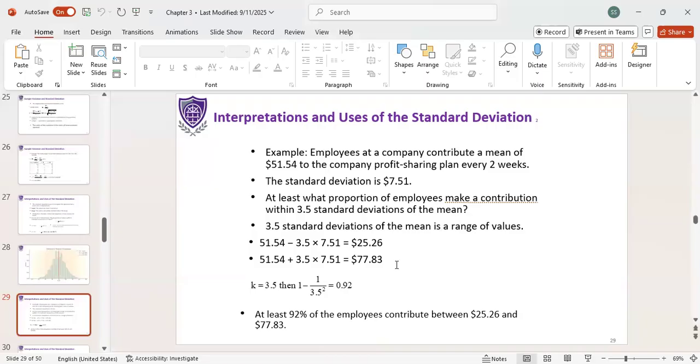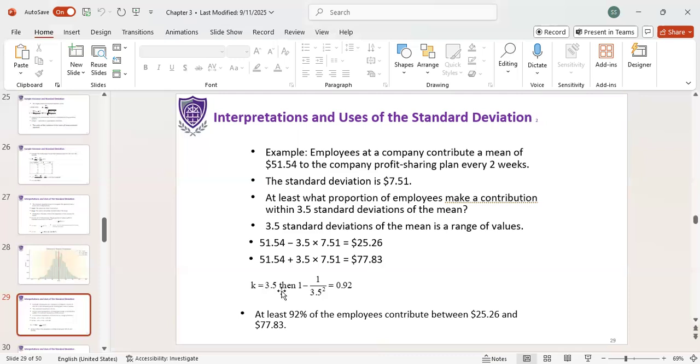So if we want to calculate those two values, it would be the average minus 3.5 times the standard deviation. That gives us the lower limit for 3.5 standard deviations below the mean, and the second one is the average plus 3.5 standard deviations, which will give us the upper bound above the mean.